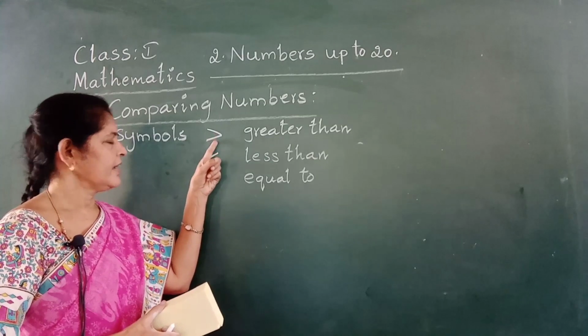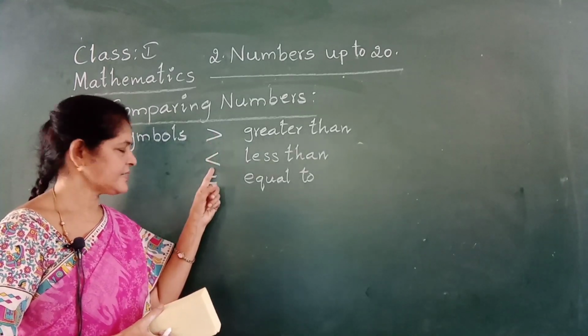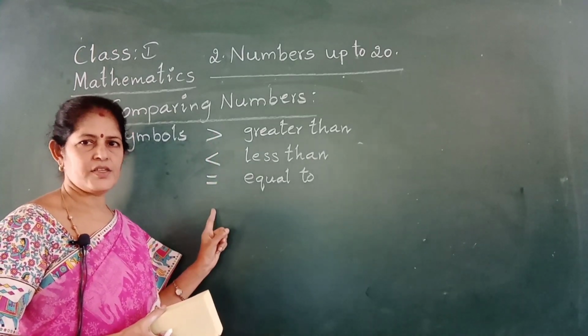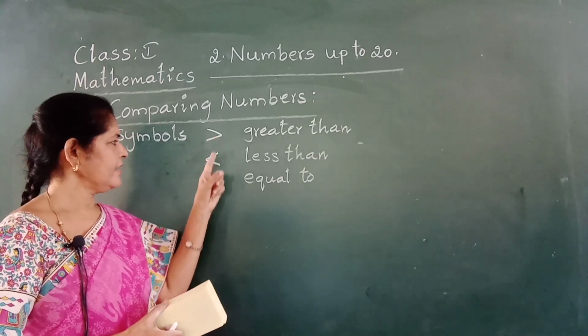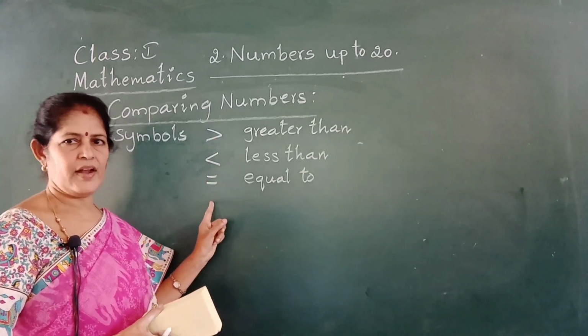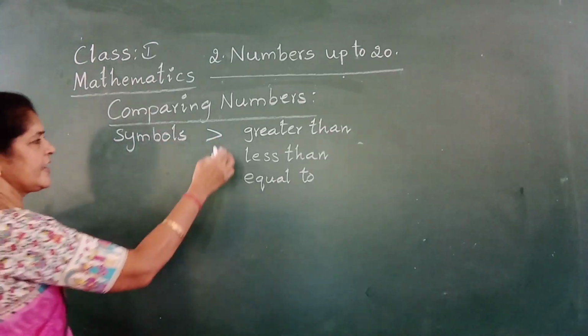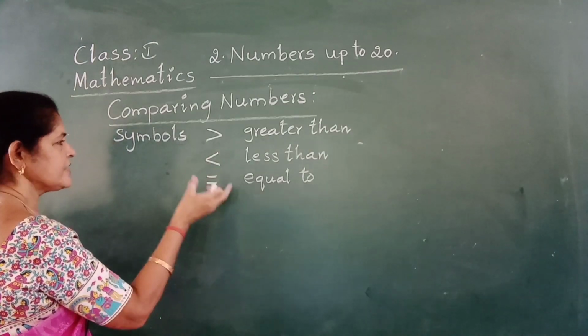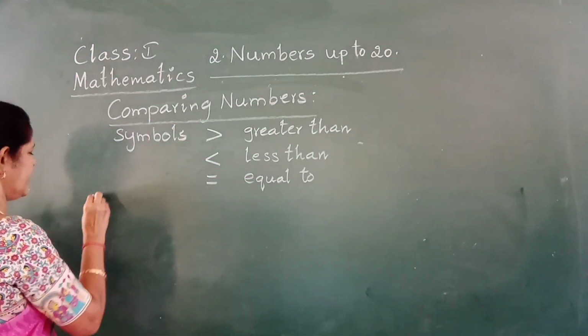Once again, greater than, less than, equal to. Now we are going to use these three symbols in between the given numbers.